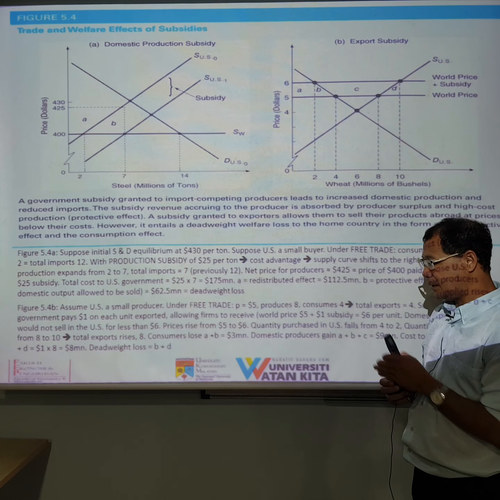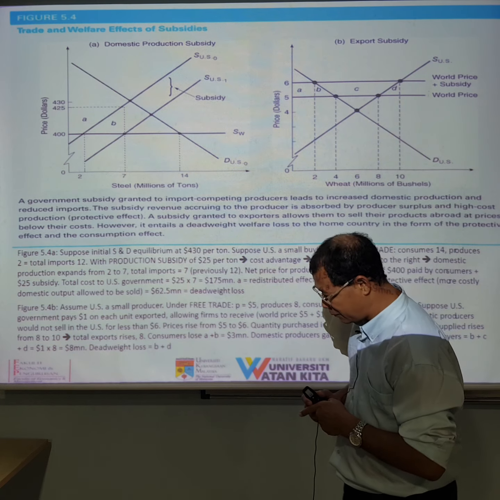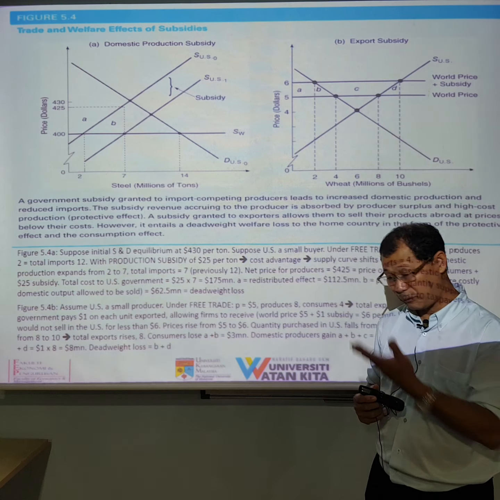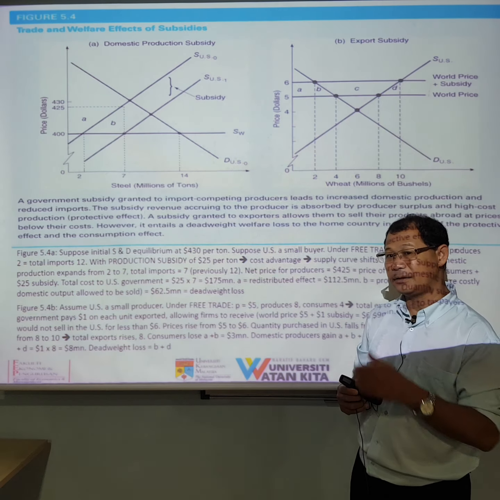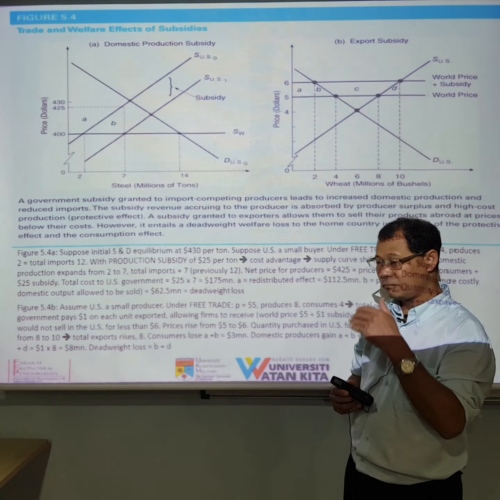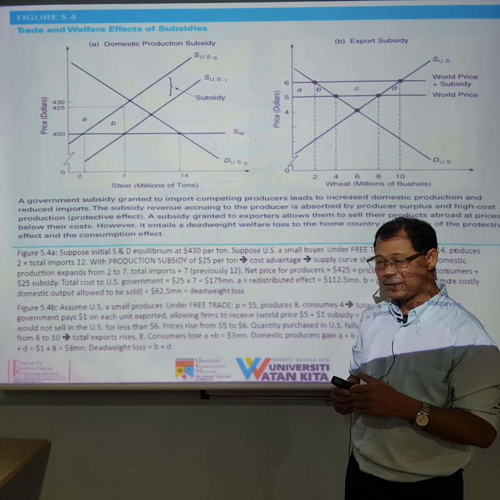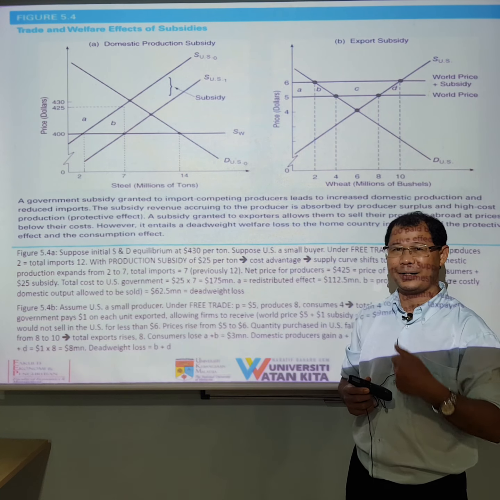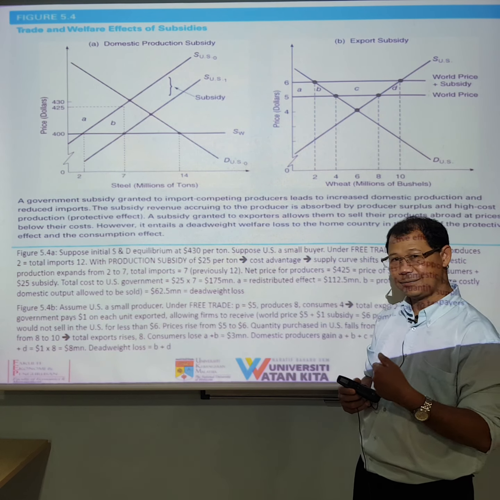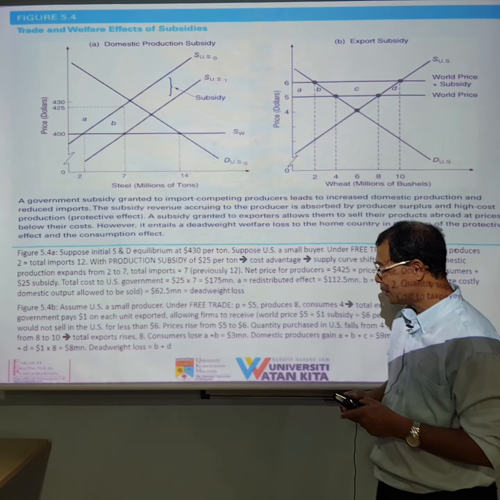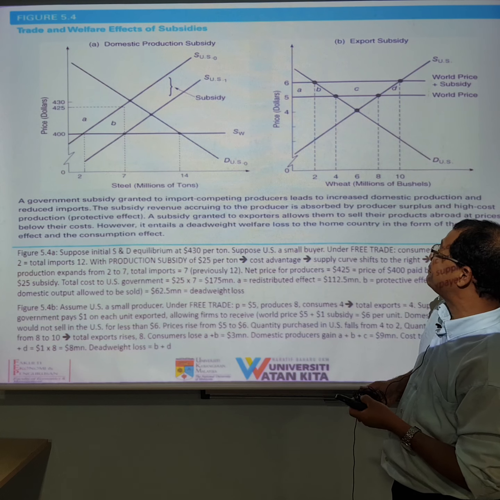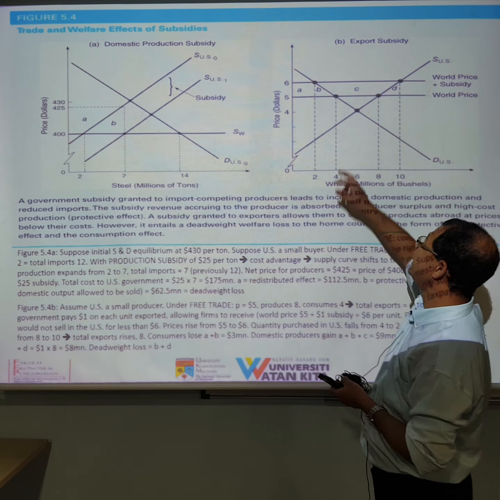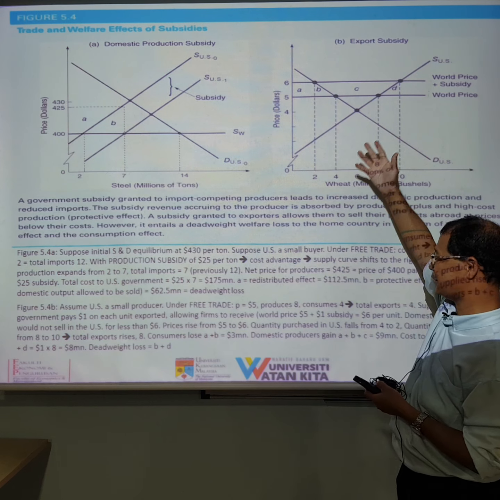Why will domestic exporters or producers not sell in the United States at any price below 6? Because they can sell overseas at 6. Why sell it under $6 inside the country? So that's why the price must increase to 6 in the United States because of the export subsidy.